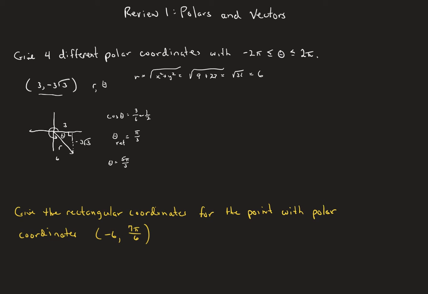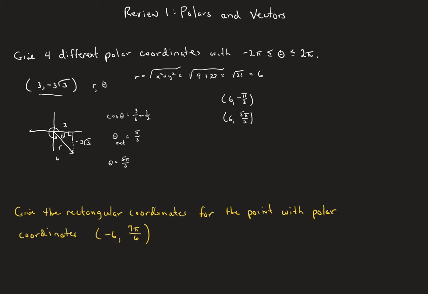So here now are going to be our different polar coordinates. If we choose a positive value of r, which we said was 6, then we could either use the negative pi over 3, or we could use the 5 pi over 3, since both of those are between negative 2 pi and 2 pi.